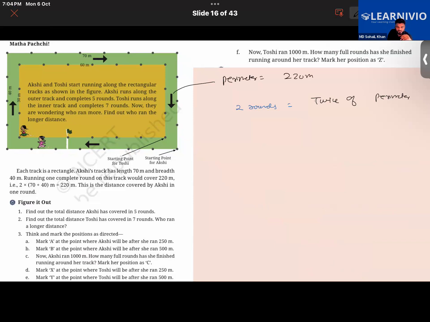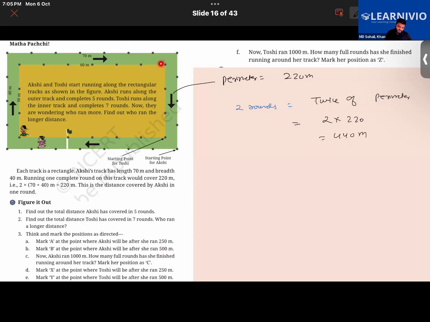So twice of perimeter is 2 into 220. That's 440 meter. The question is asking where she is going to be after she runs 500 meter. So we need 60 more here now. We need 60 meter more. So one round, she comes back to here.